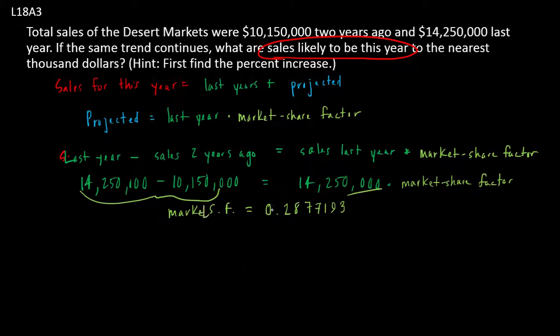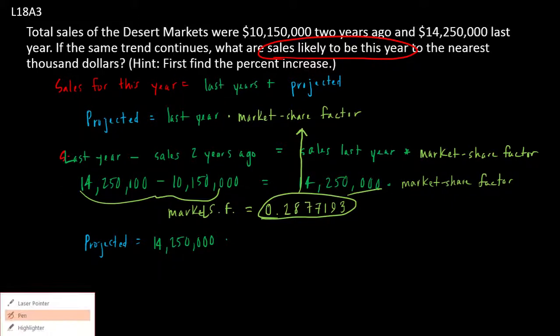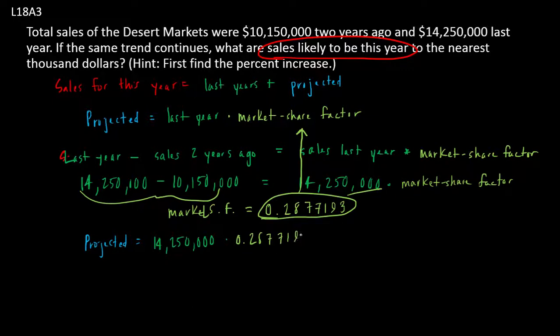Okay, so we've just found our market share factor. Now the whole point of finding that was so that we could take this number and use it to help us figure out what our projected sales are. So our projected sales are going to be equal to our sales from last year, which is our 14,250,000, multiplied by our market share factor. And you'll notice that I did not really round here. I left several digits in the market share factor.